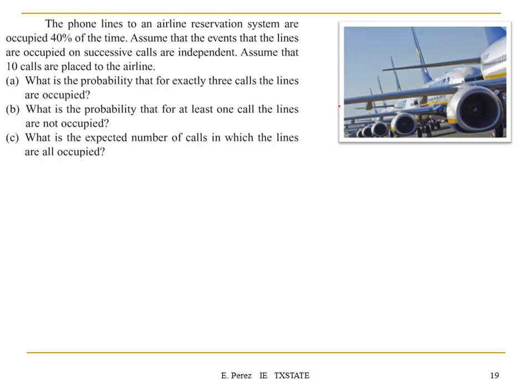So again, we have the word equal, or exactly 3. So that means that we have an equality. Okay, exactly 3. So we can express this in part A. Let X denote the number of times the line is occupied.